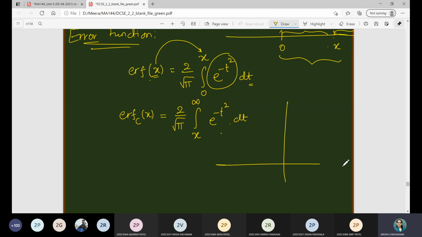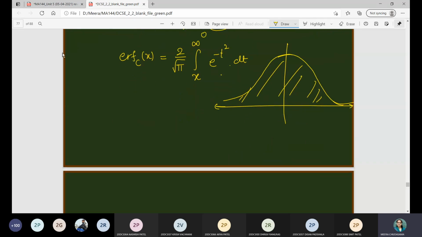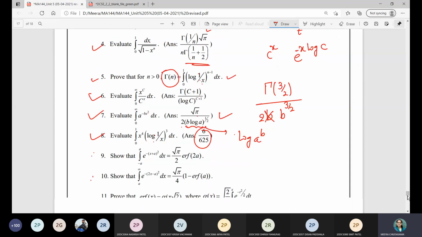It may be possible that you have come across the Gaussian function in your school-level syllabus. The curve of the Gaussian function is the normal distribution curve, right? Some of you have studied distributions. And the area under the curve is always 1, right? So in this case, when you add the complementary error function and the error function, you will always get 1. So erf of x plus erfc of x is always 1, right? That is one property regarding the error function.